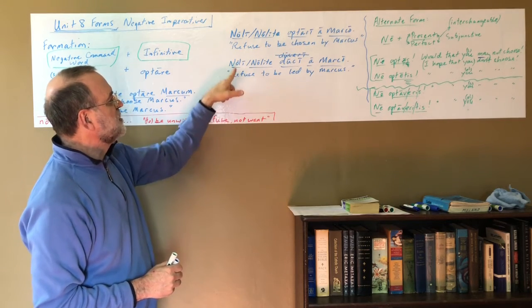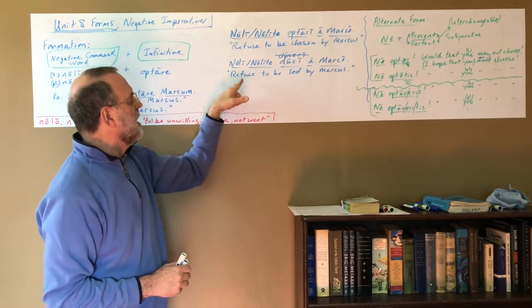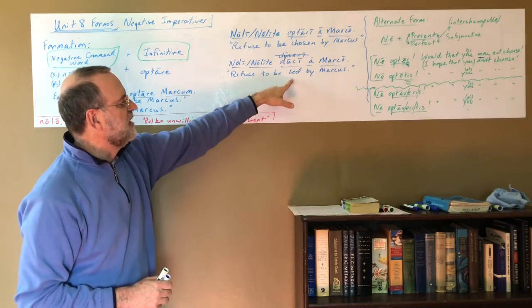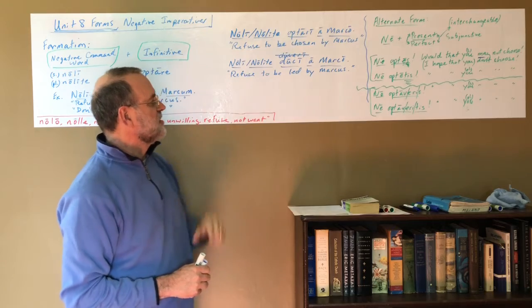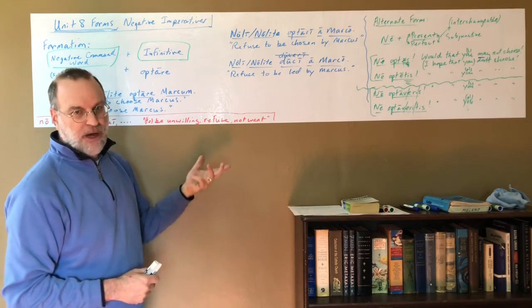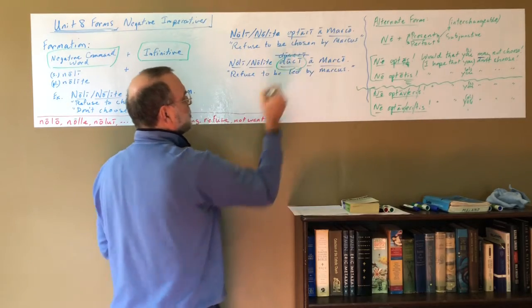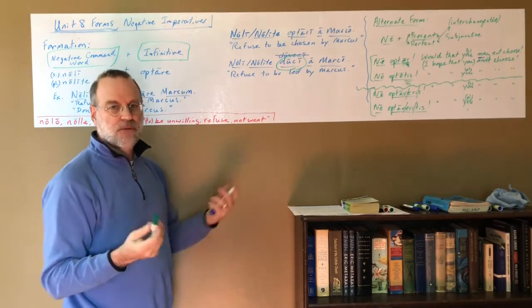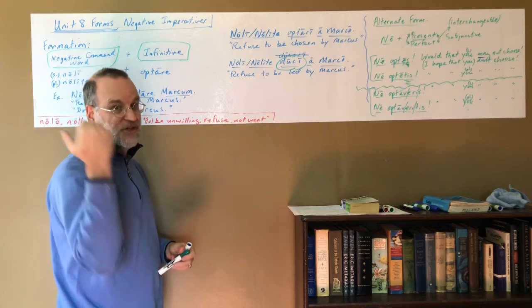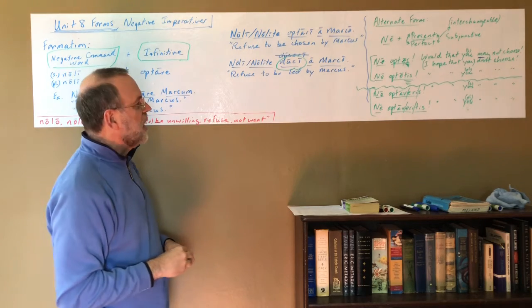So, refuse, you singular: noli duci a Marco. You singular, refuse to be led by Marcus. Just a reminder about that, because this form can really trip up a lot of people when translating a Latin sentence. They're scratching their heads trying to figure out where that comes from.